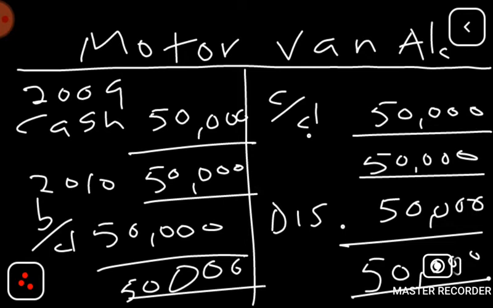Remember here we've written cash 50,000; maybe another motor van we bought at 35,000, we would have listed them. But if they tell you that the motor van that you bought in 2009 was sold in the year 2010, dispose it off at the value at which it was bought. This will make sense when you go deeper into the disposal account.